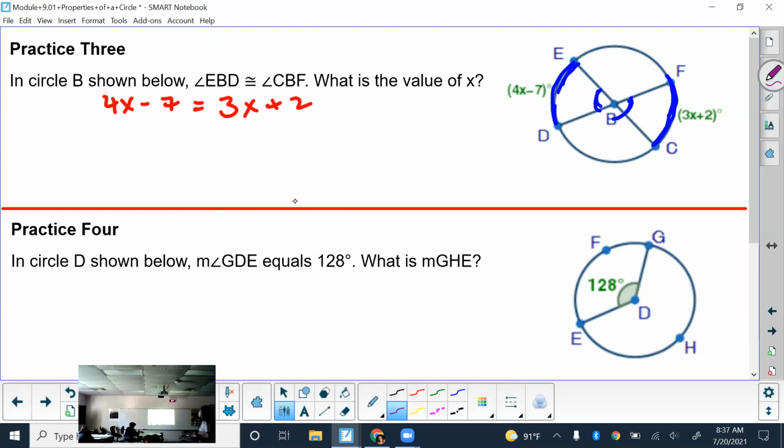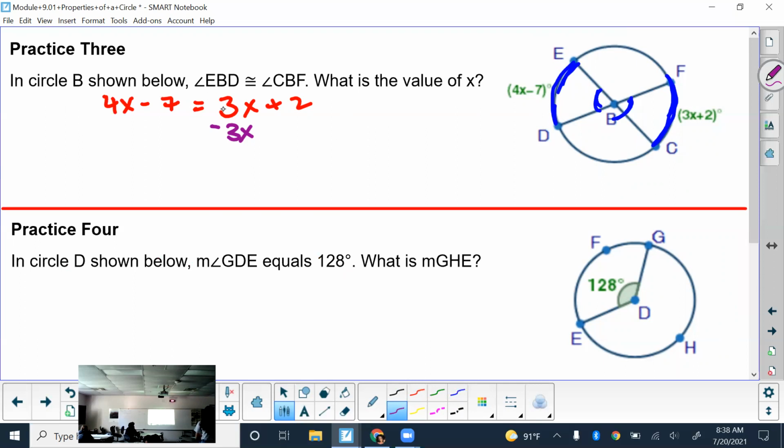So a little bit of algebra, I'll help you out since you don't really focus on the algebra part as much. I want to first move the x's to one side. I can move it either direction, just pick a direction. Usually I'll move the smaller x so I don't have to deal with negative numbers. So how can I make this 3x cancel out? By subtracting 3x. We want it to completely go away on one side.